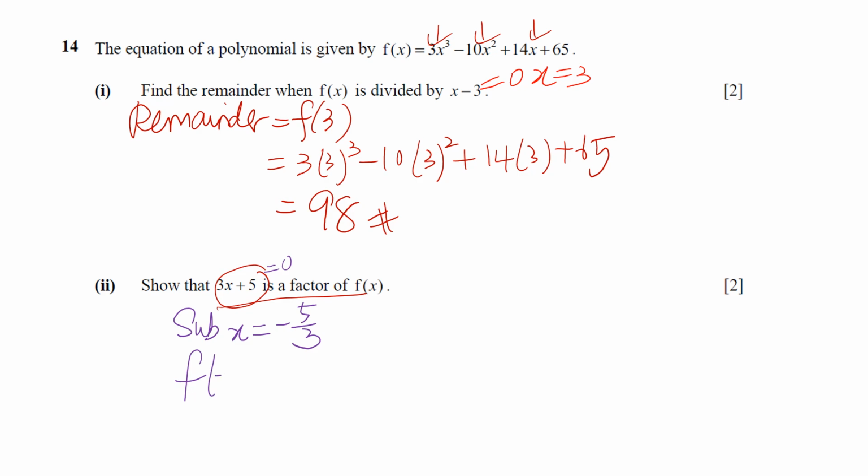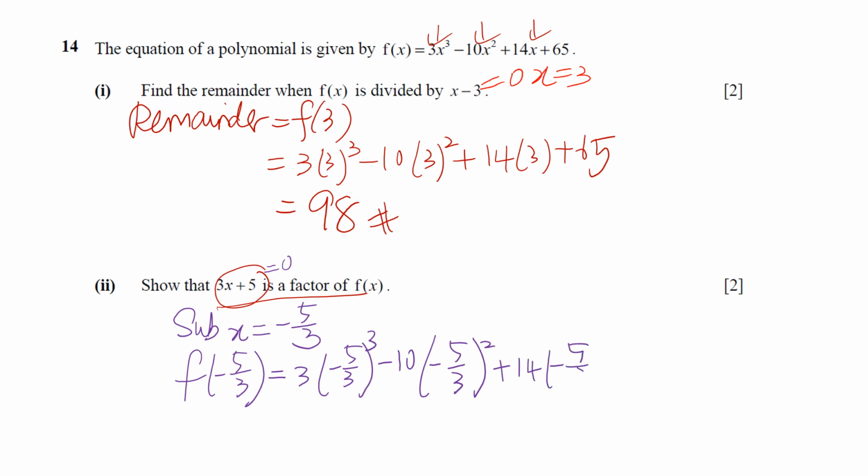So f of negative 5 over 3, just substitute inside the whole chunk of terms. Yes, you will get 0.